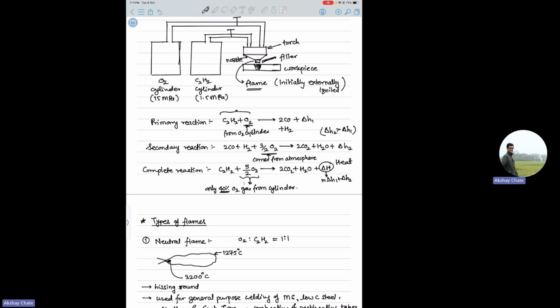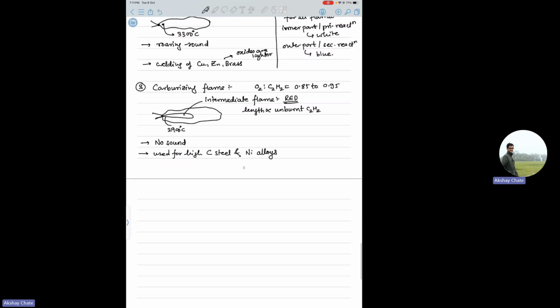Okay, so there is one question that you can think of, because here we have these molar ratios, etc., right? So the question goes like this: two copper sheets are welded by neutral flame with acetylene consumption, so C2H2 consumption, of 8 liters.